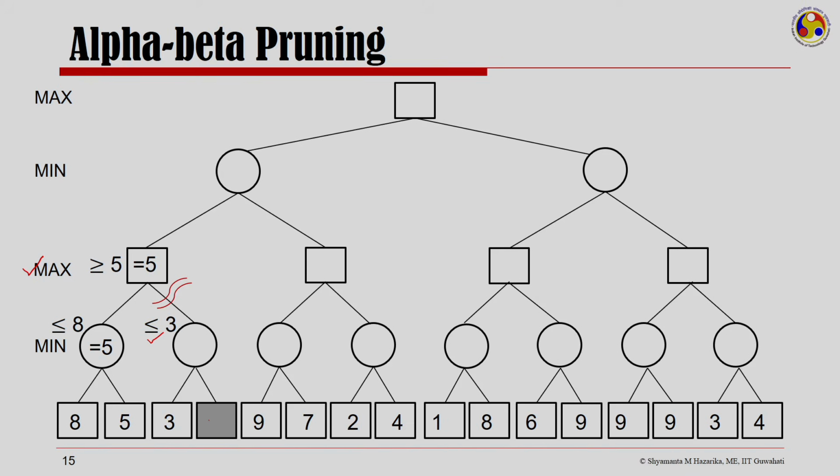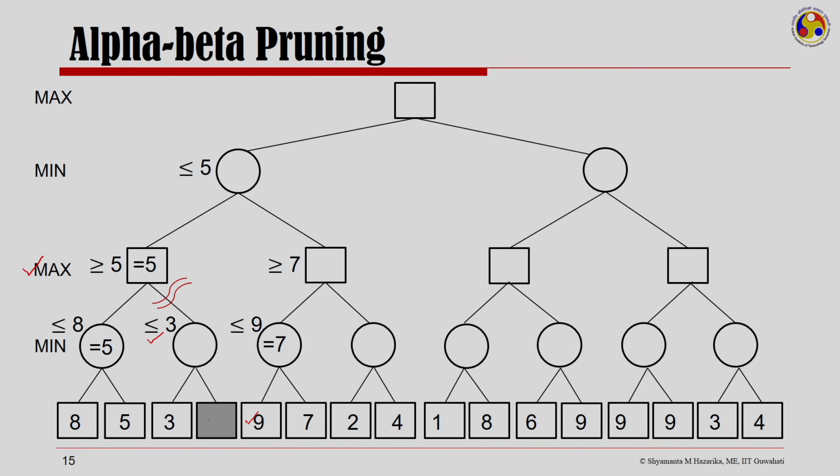I back that value up, and because this is a min node, I would have a value which is less than or equal to 5. I come down at this portion now. This is a min node, so its value is less than or equal to 9, and then when I see 7, I know that this has to be overwritten and I should get to the value 7. So, the correct evaluation of this node is 7.